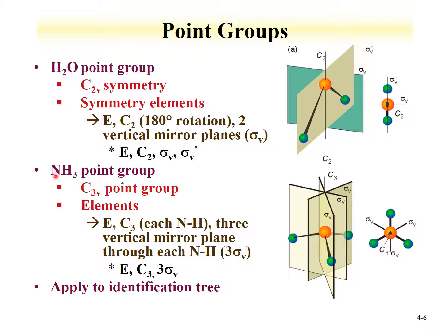And then for ammonia, the molecule here, there's one C3 axis, three vertical mirror planes, and no horizontal mirror plane. And as an exercise, you can use these figures to go through the identification tree and identify the point groups for these molecules.